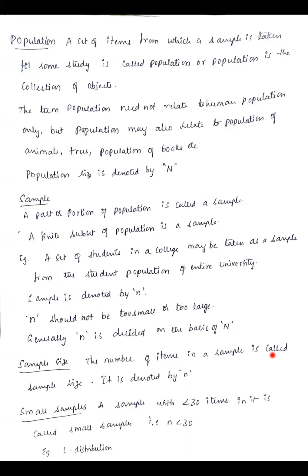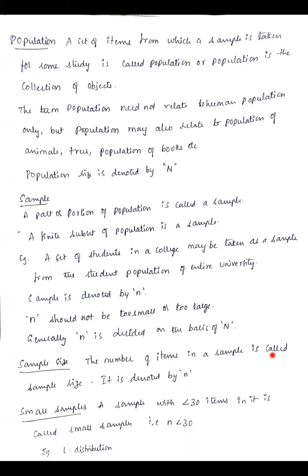And next we'll see some other basic things, that is the population. What is meant by a population here is a set of items from which a sample is taken for some study. The population is a collection of objects.